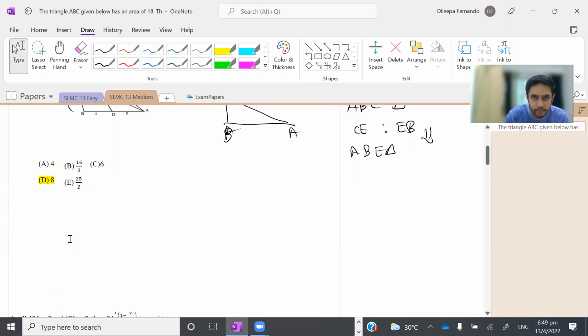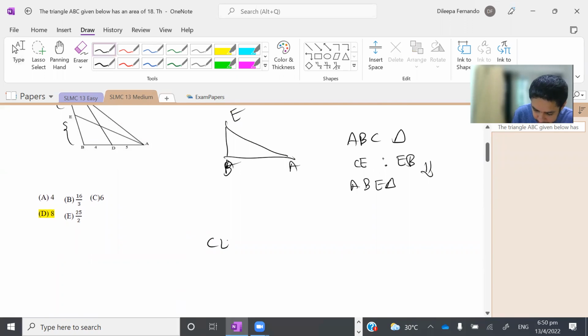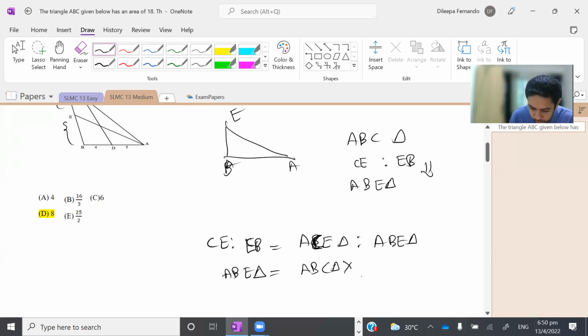So how do we find it? The CE to EB ratio equals the ratio of the areas, and since we know the area of the whole triangle, ABE area equals ABC area times BE divided by BE plus CE.